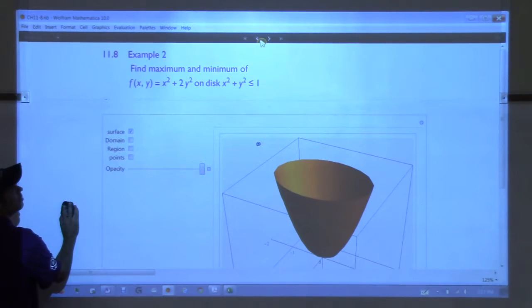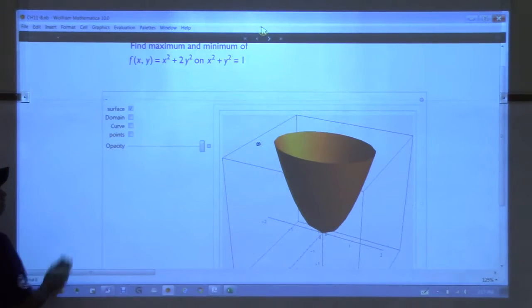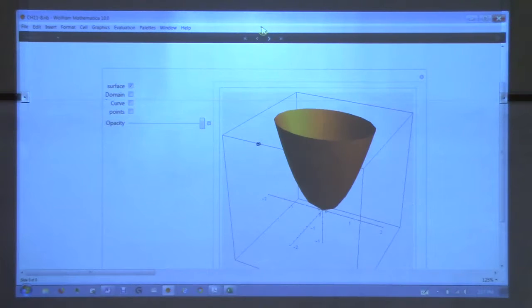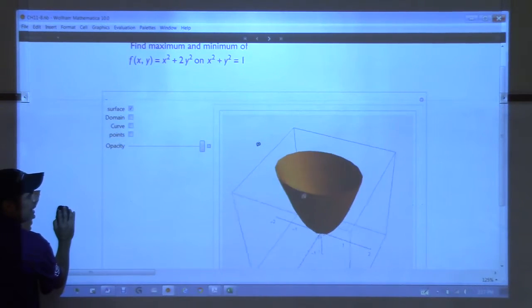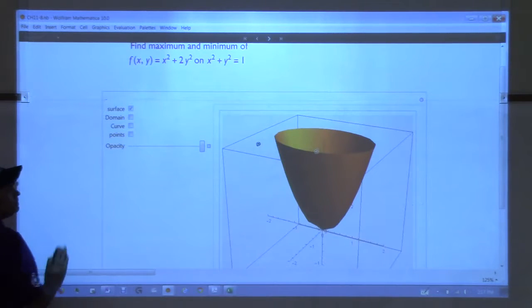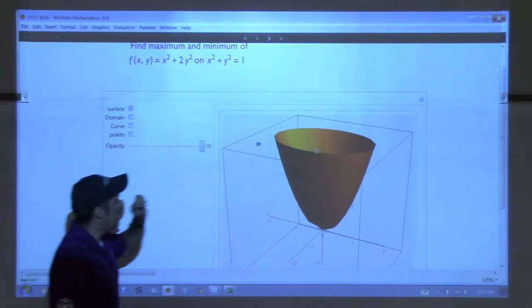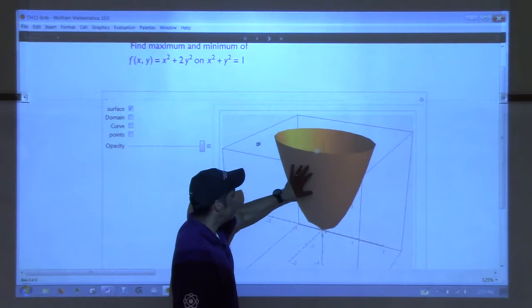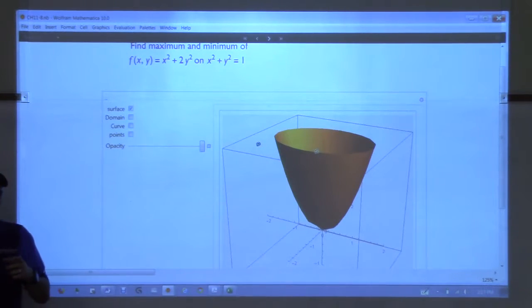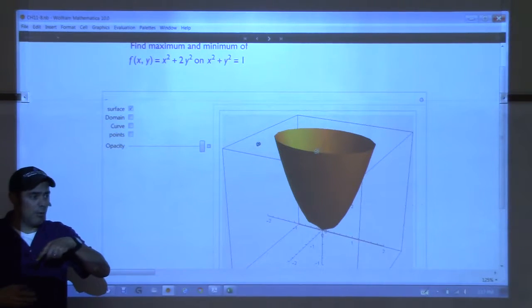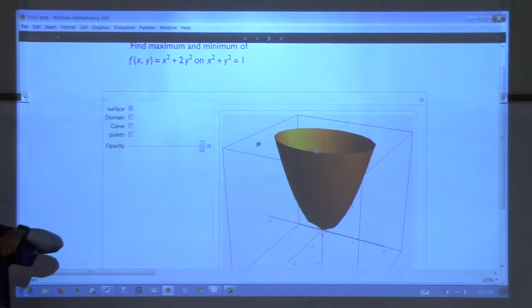So let me get to the problem. So here is a surface, right? Here is a surface. It's this paraboloid. And what we'd like to do is find the max and mins of this surface, but we want to restrict the domain. This time we don't want to do a closed bounded region. What we want to do is a closed or just any curve.